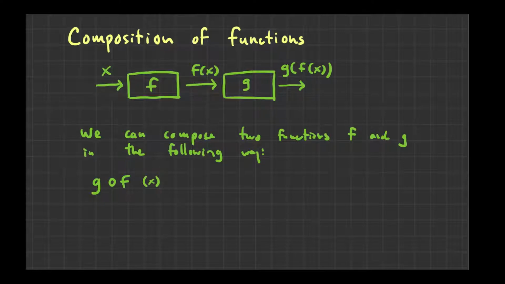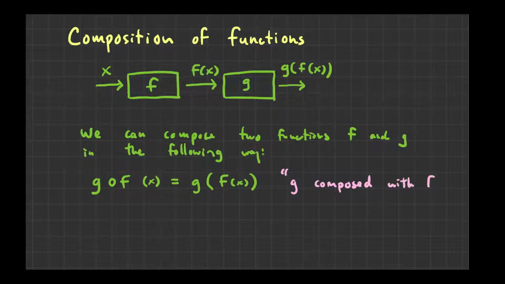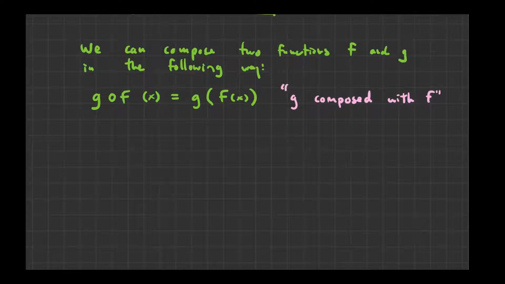So g composed with f of x is equal to g of f of x. That's the composition of functions, and we say that this is g composed with f. You might wonder why we write it backwards.